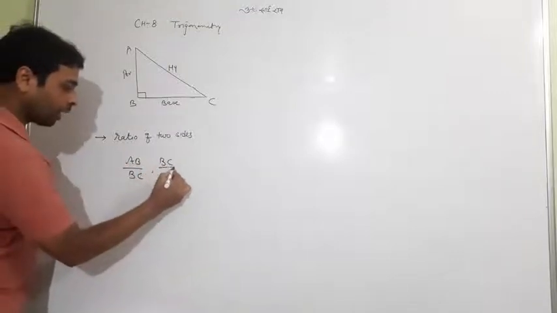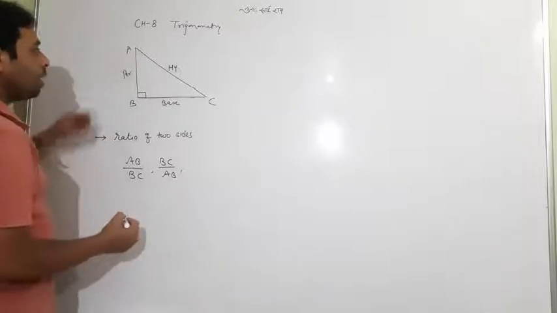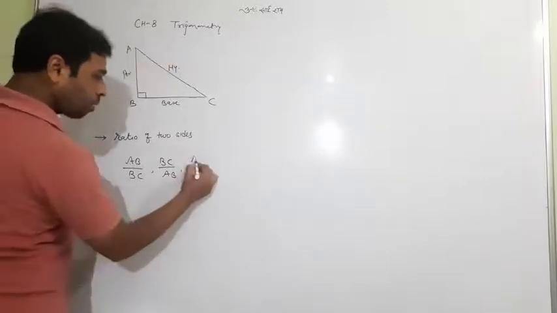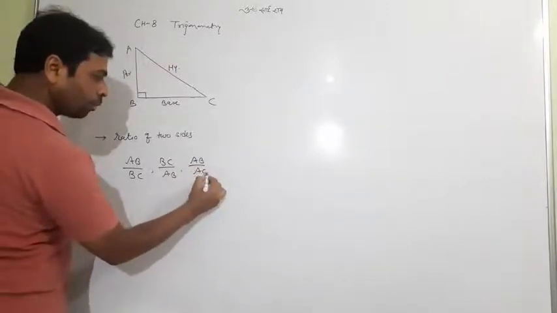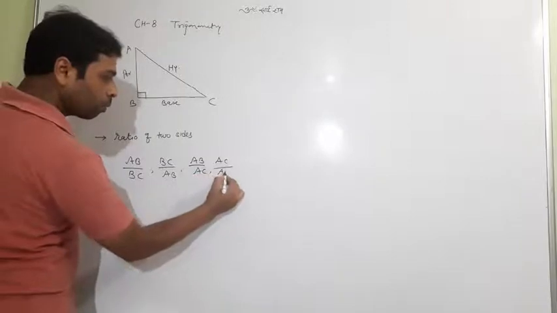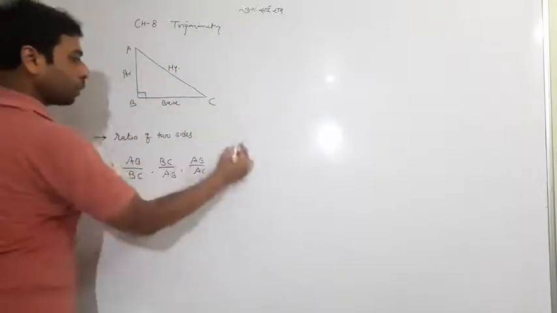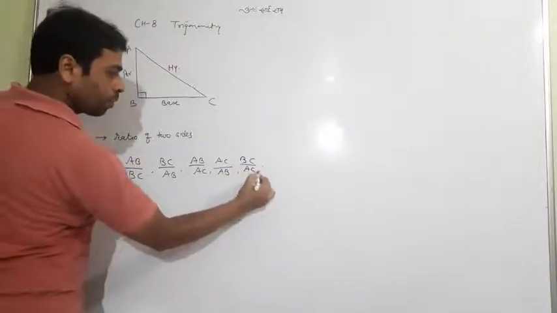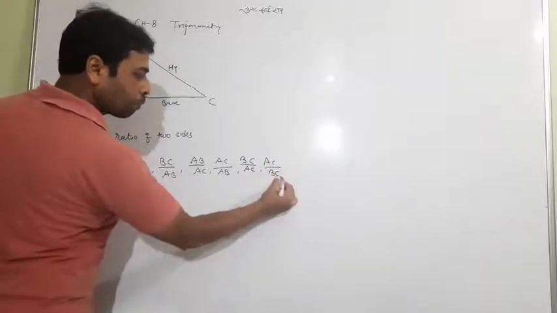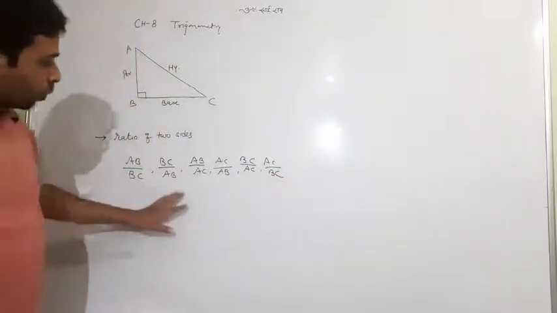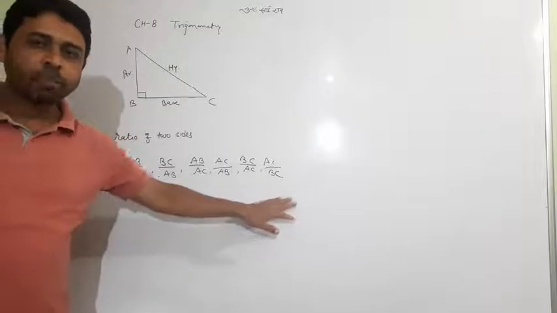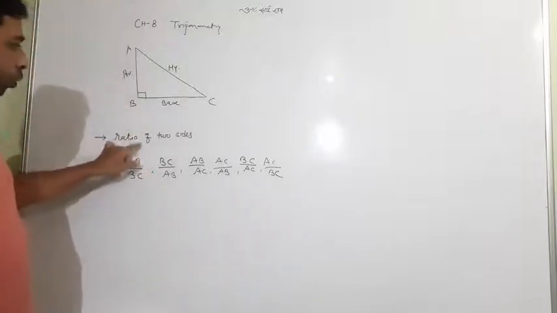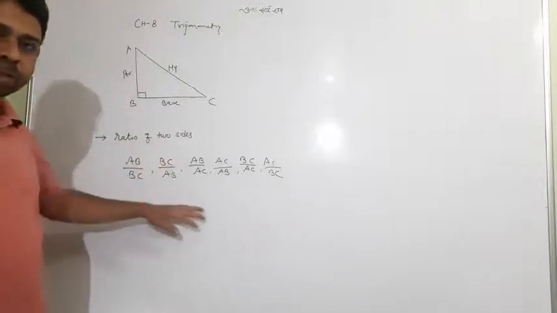Just the opposite of that. If we take AB and AC, just the opposite of that, and we take BC and AC, just the opposite of that. So there are six ratios which you can see on the board. These are the possible ratios of any two sides.